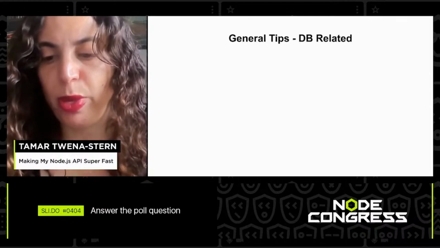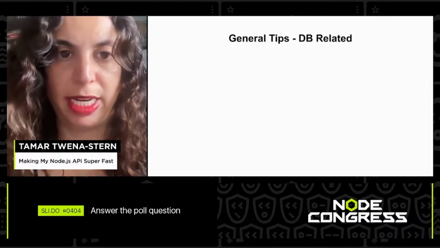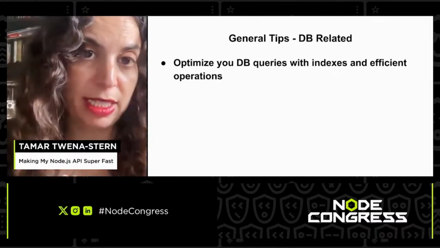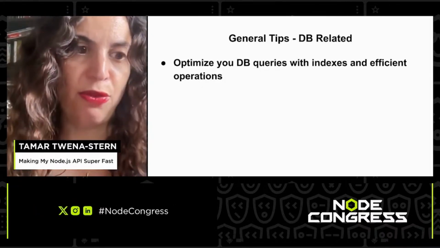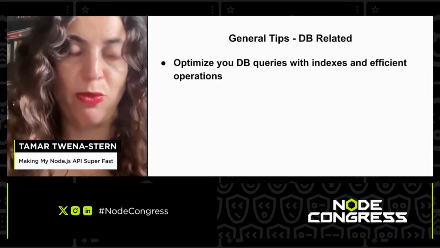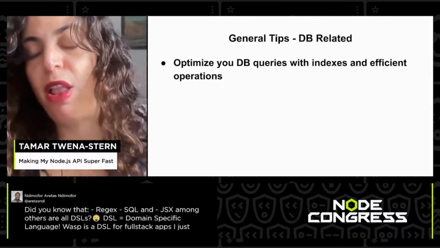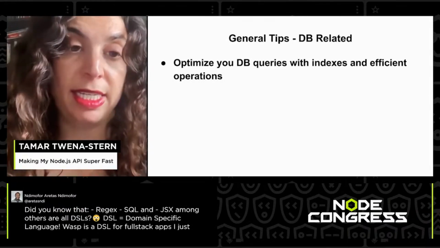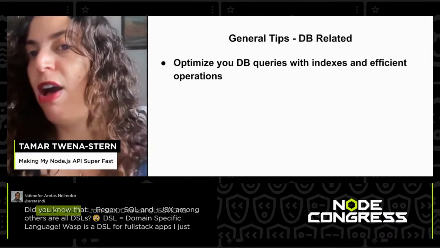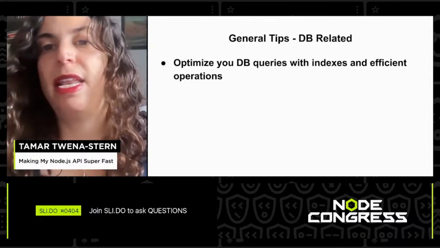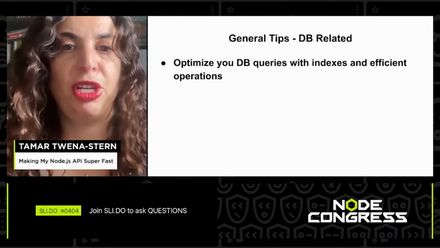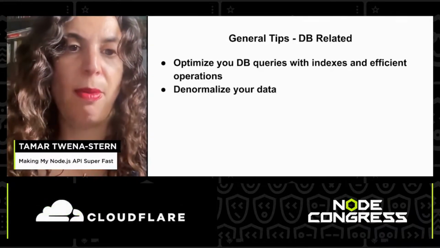First of all, before we go into JavaScript-related stuff, there are some things that you need to keep in mind for every technology and every programming language. First of all, your DB queries have to be optimized. All of the indexes have to be very efficient and enable really fast fetching and efficient operations.